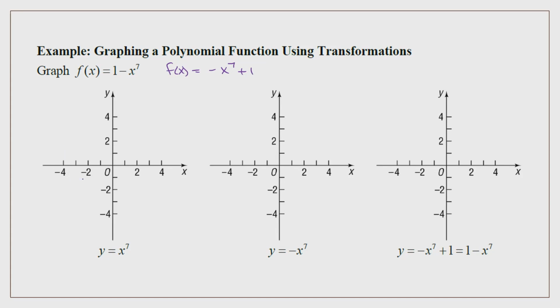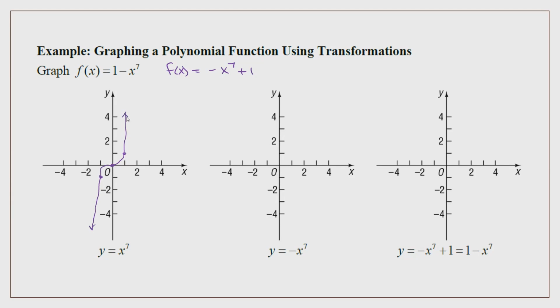So I know it's going to have the points (-1, -1), (0, 0), and (1, 1). And it's 7, which means it's going to be a little bit more flattened at the origin and then steep when we are greater than 1 and less than -1. So it's going to look something like this. Not perfect, but something of the sort.